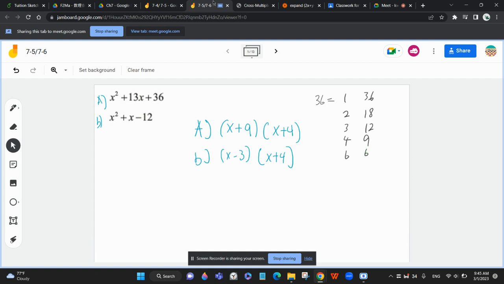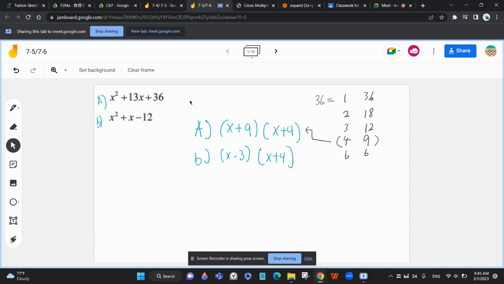Because you will not need to consider the negative because the 13 is positive, so you only need to consider positive terms. And which two add up to get 13 is these two, 4 and 9 will add up to get 13. So that's why we have 4 and 9 here.